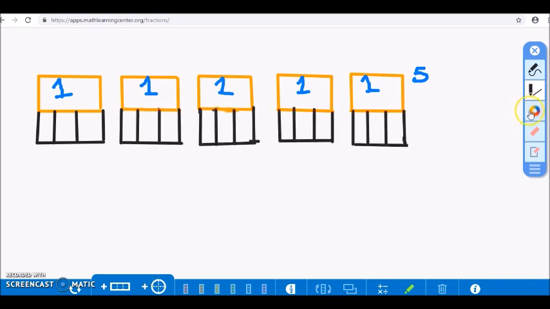We have now divided each whole into thirds. How many groups of 1/3 do we have?